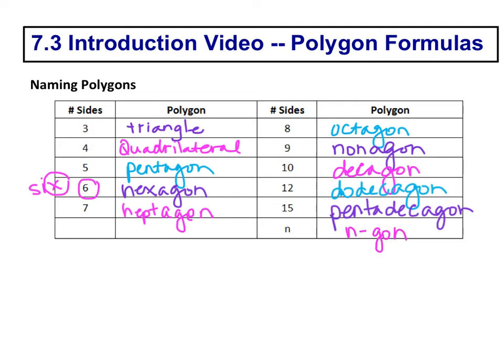So for example, let's say that it had 20 sides, we'd call it a 20-gon, just because they don't have names for every single polygon out there, just the ones with smaller sides that are more common. So do you guys think that you have to know all of these names and have them memorized? Absolutely. So maybe make a note to start working on memorizing these.